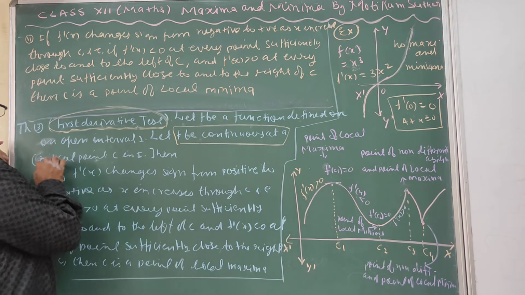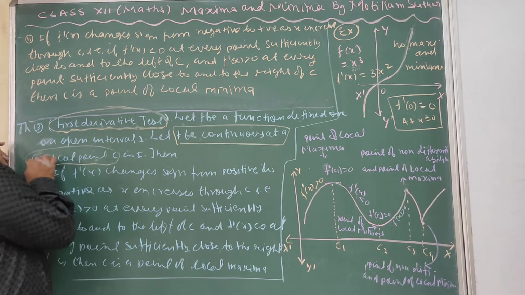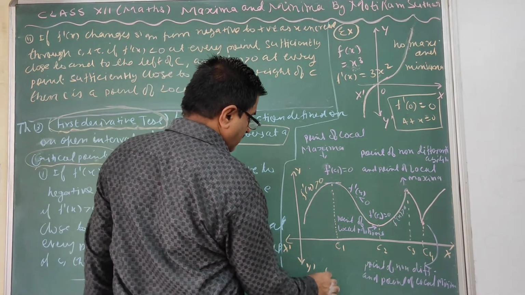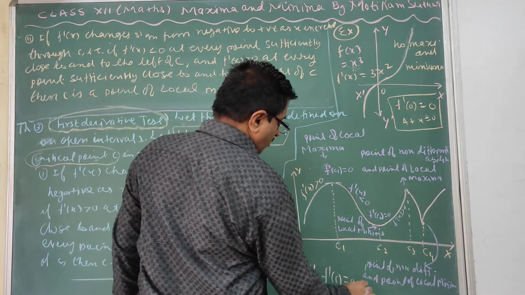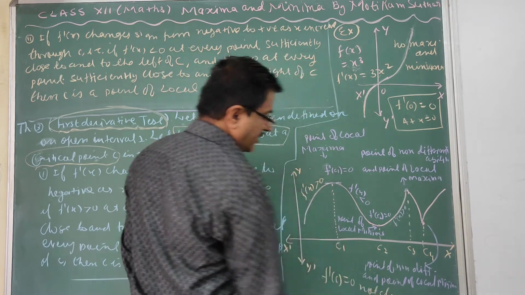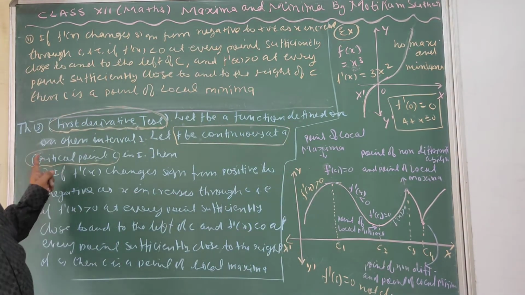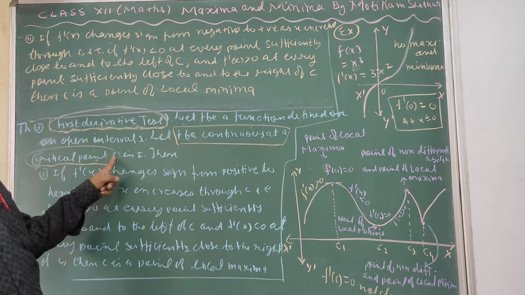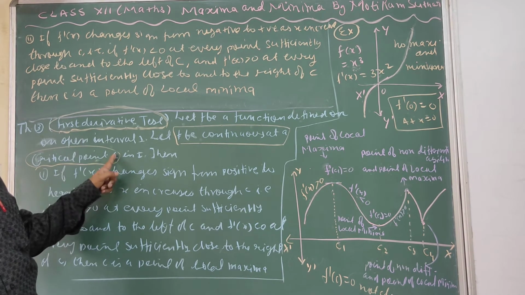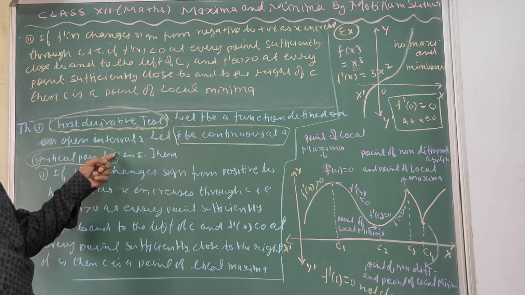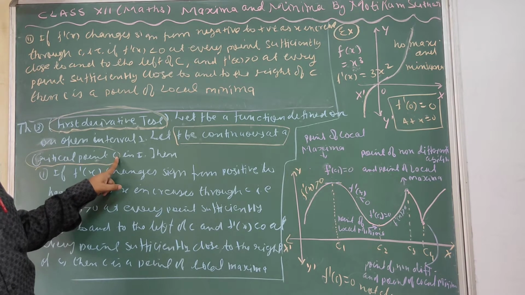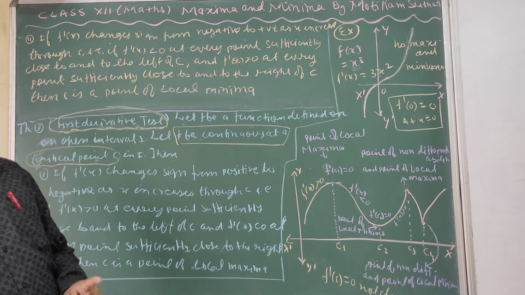Now this is already the meaning of the critical point: when f dash of c equals 0 or is not defined. So at the critical point c, the derivative is 0 or the derivative does not exist. Only two conditions at the point c: either the derivative is 0 or the derivative does not exist.